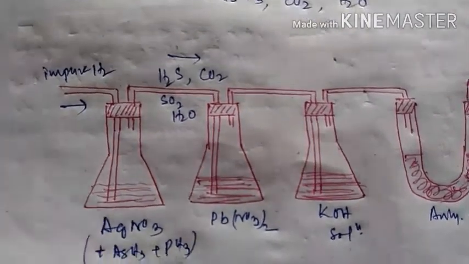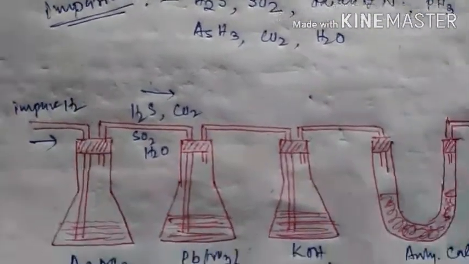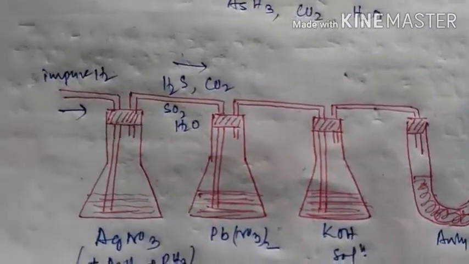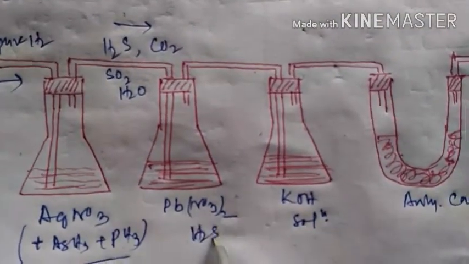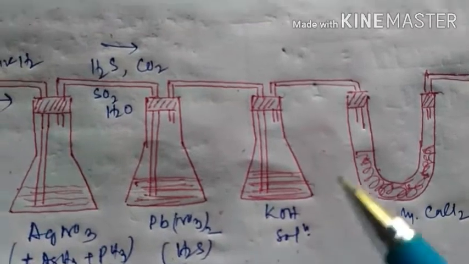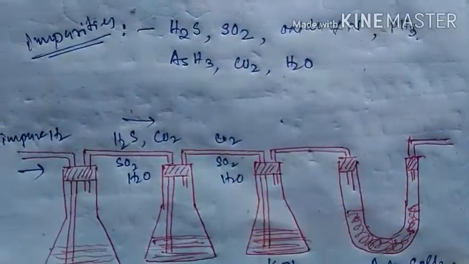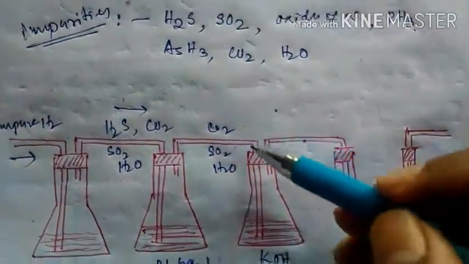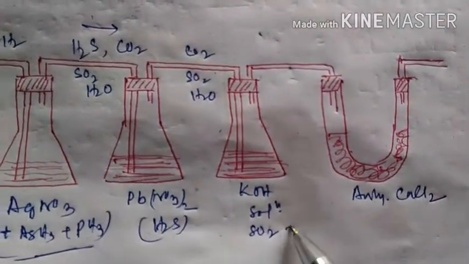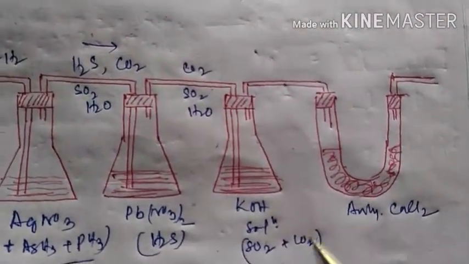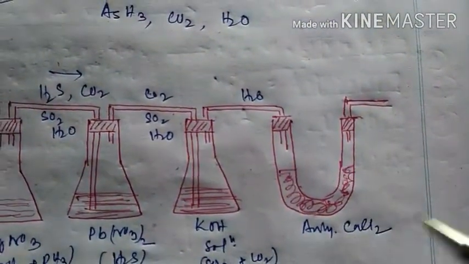Now when it goes through lead nitrate, it absorbs H2S, so from here come carbon dioxide, sulfur dioxide and water vapor. Now going through KOH solution absorbs sulfur dioxide as well as carbon dioxide.